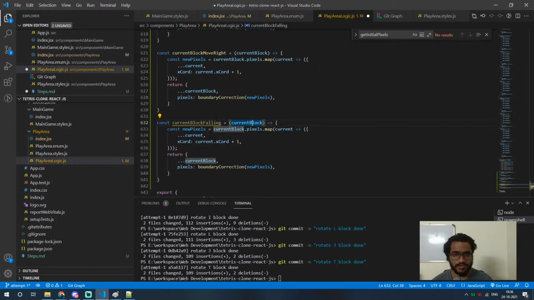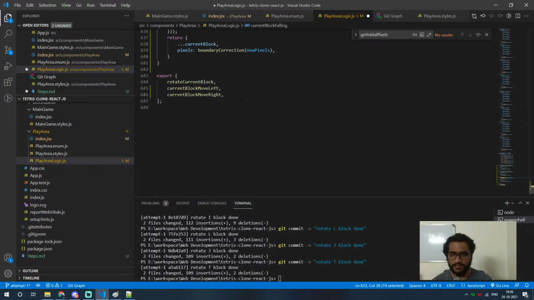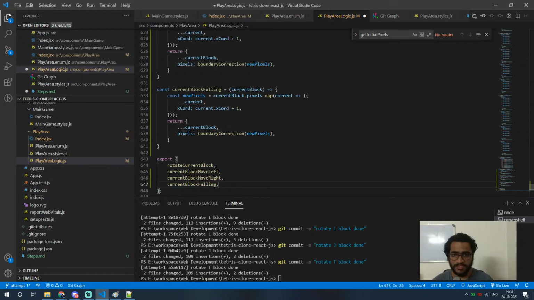This logic would also be the same as left right, only here instead of x coordinate we will be having y coordinate.